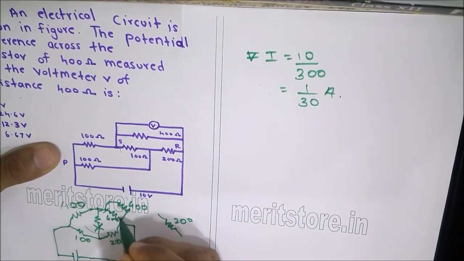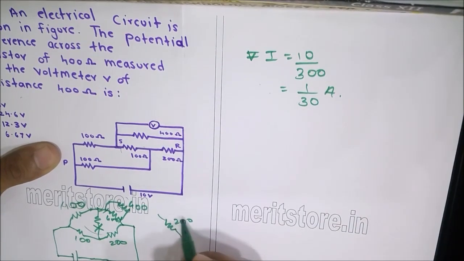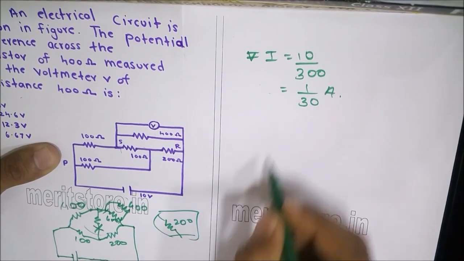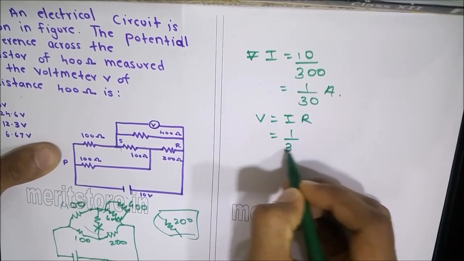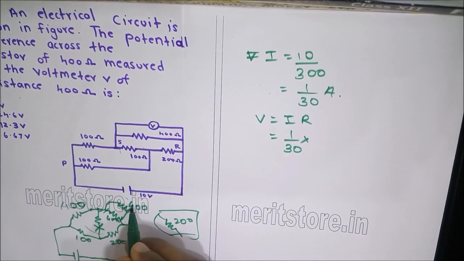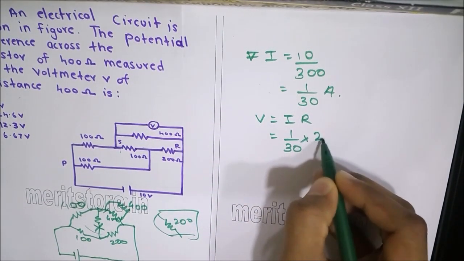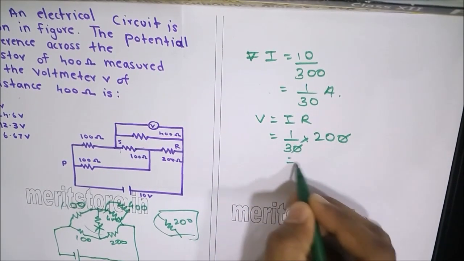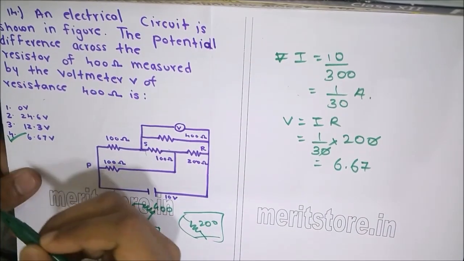Now since the potential across the 400 ohm resistor is to be found out, V equals I times R, that is 1 by 30 times the effective resistance. We need to use the effective resistance because the voltmeter also has its own resistance of 400 ohms, so the effective parallel resistance, that is 200 ohms, needs to be applied. That gives 6.67. Therefore, option number 4, 6.67, is the correct answer.